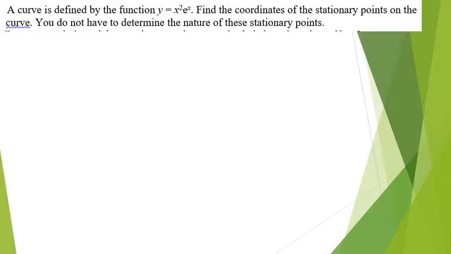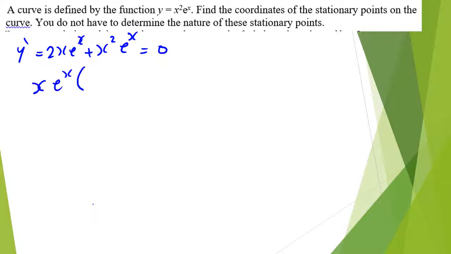Next, as the curve is defined by these functions here, find the coordinate of the stationary point. So basically you will have to differentiate because of the stationary point. So I'll differentiate using the product rule, make it equal to 0, and that will give me x is the common factor, 2 plus x equals 0.